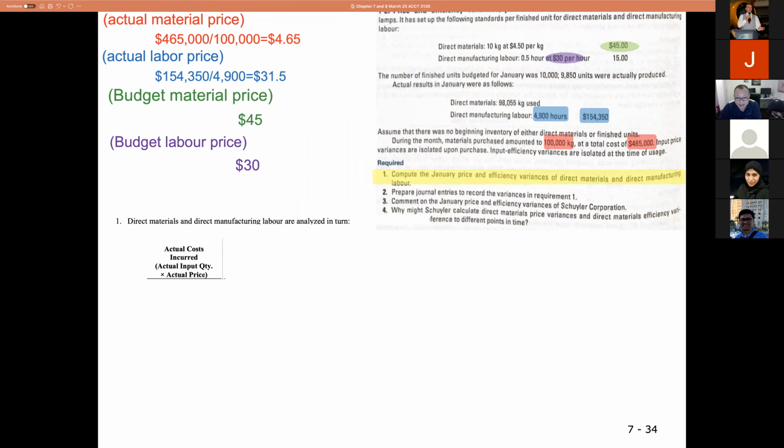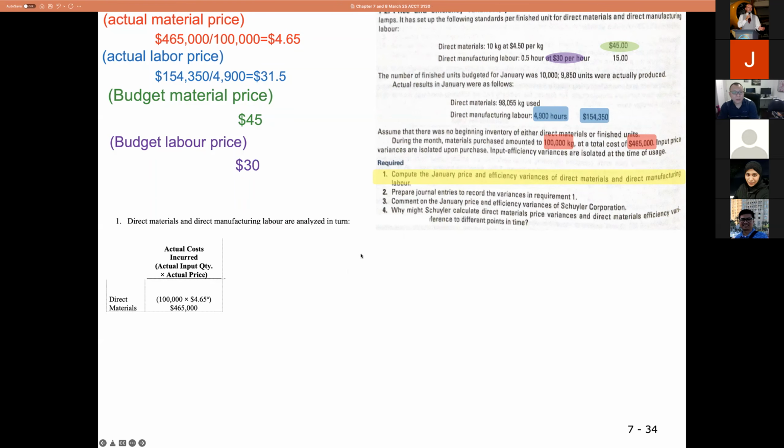It's given. $4.65 times the 100,000. Yeah, very good. So basically, they purchased 100,000 kilograms, right? The actual cost to purchase the materials is 465,000.